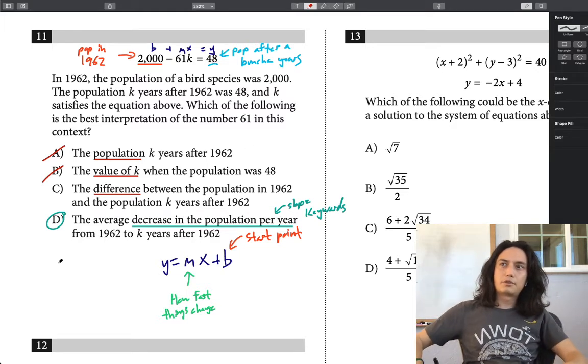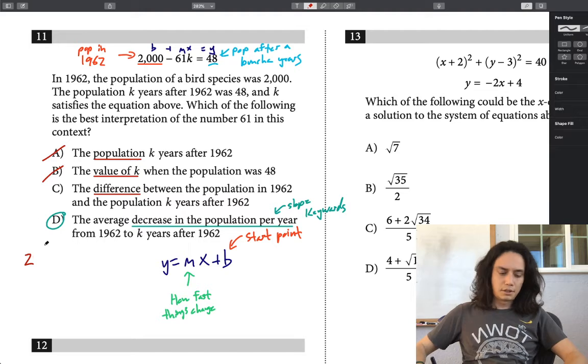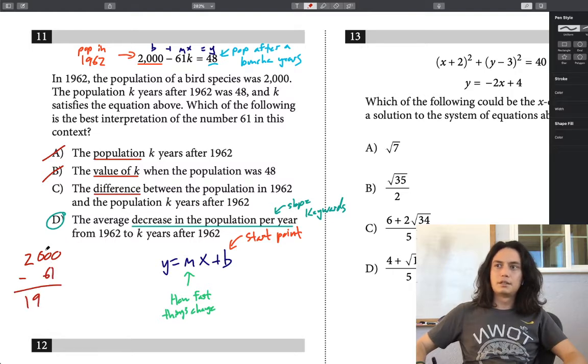So after the population started at 2000 and the difference after the first year was 61, this is going to be 1939 birds after 1 year.